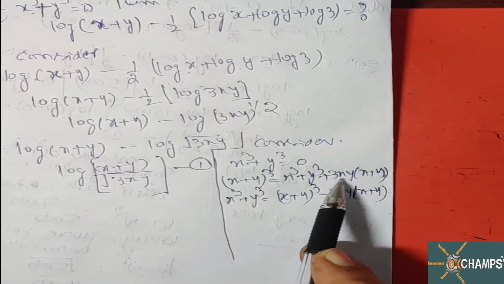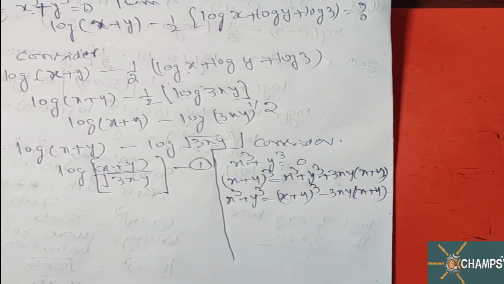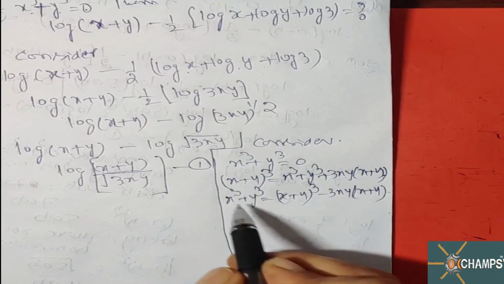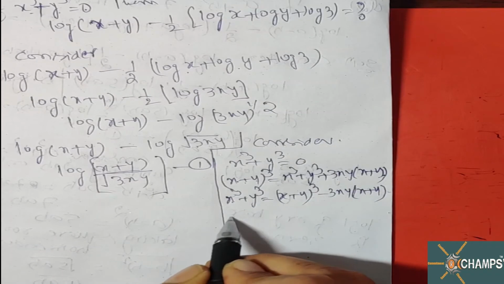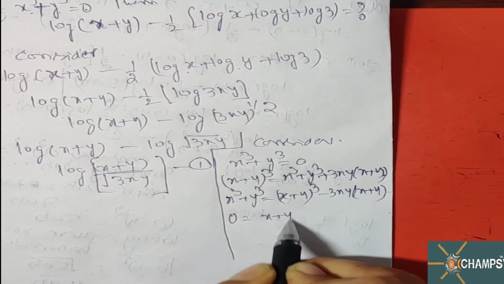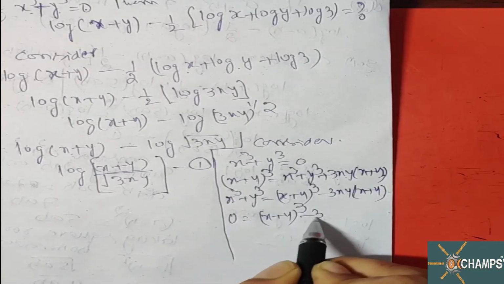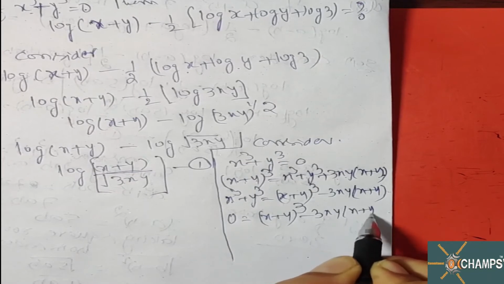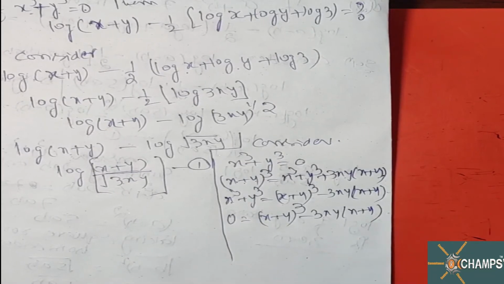I can take 3xy into x plus y to the other side. Now sir, x cube plus y cube is given as 0.